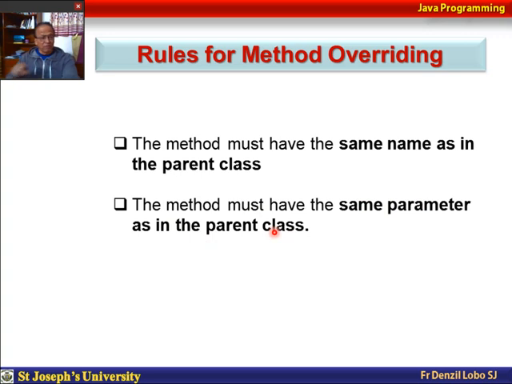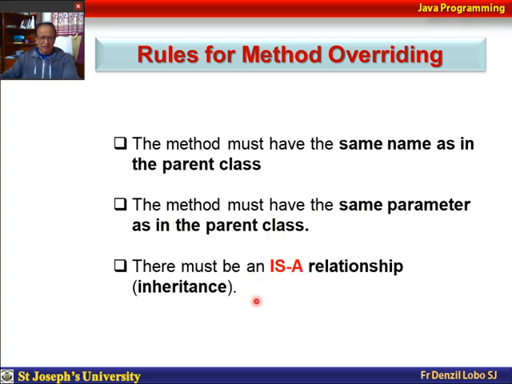Unlike method overloading, where we had multiple numbers of parameters, not here in method overriding. Thirdly, there must be what is called an is-a relationship. For example, the subclass is related to the superclass or the parent class. With an example, you will understand. And it is about inheritance. The subclass inherits the methods of the parent class. So that kind of relationship should be there.